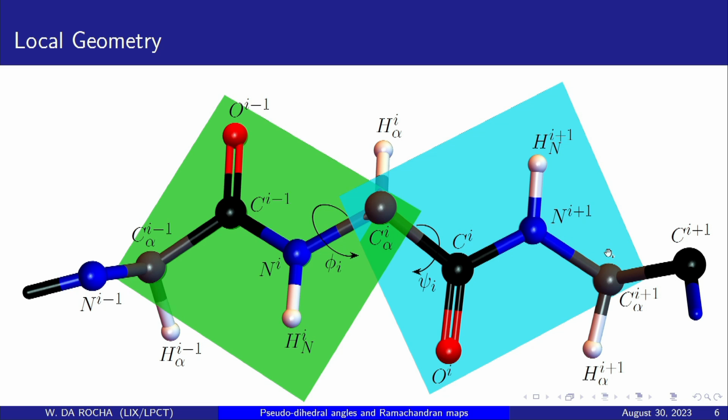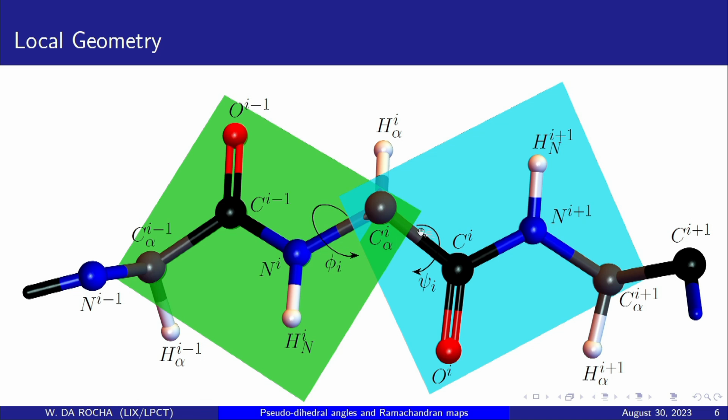All the atoms that are here are part of those residues. I am not considering, as I mentioned, the side chains. These two planes here are supposed to be planes, at least in theory, and all the atoms that belong to the same plane should be planar.